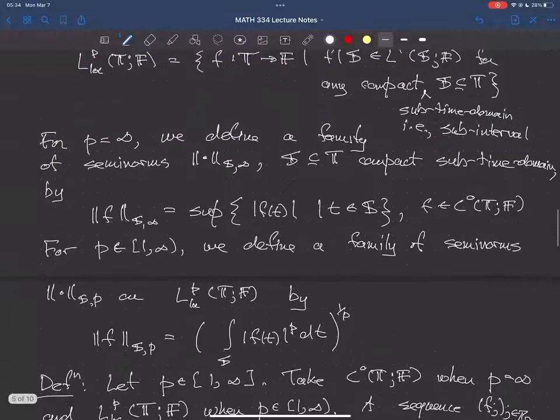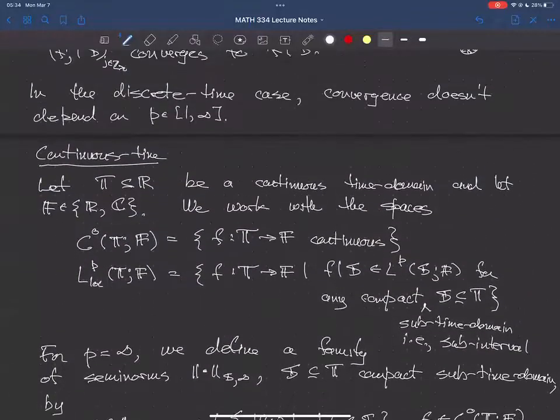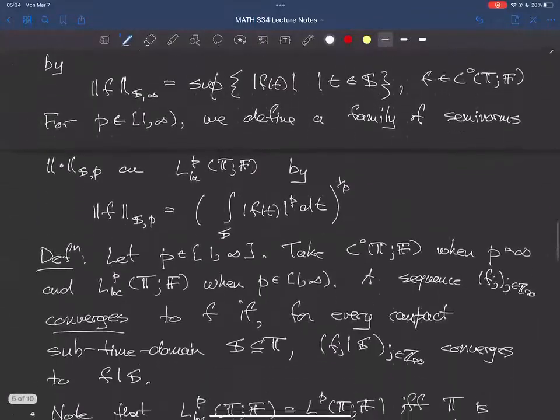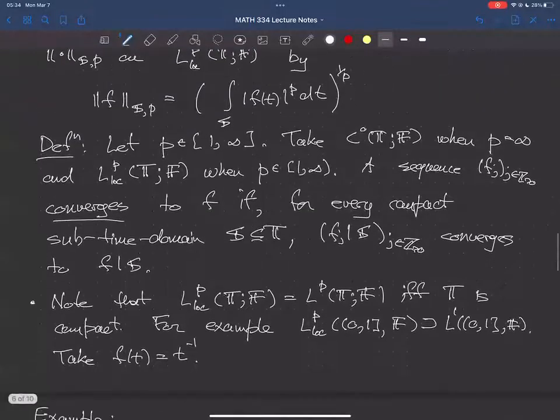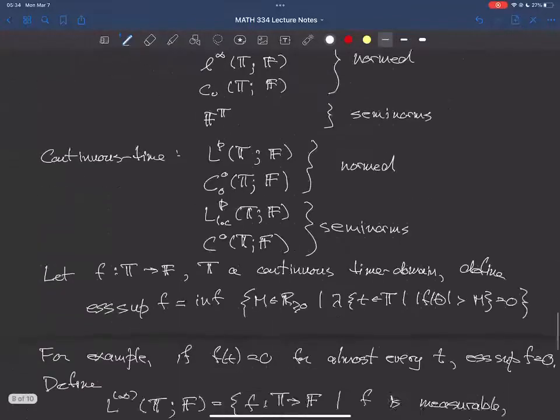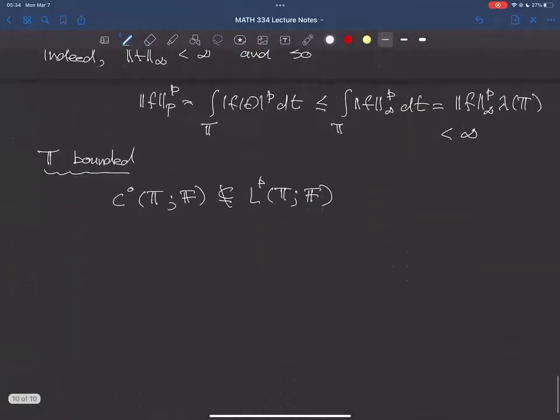That example was up here somewhere. So here, on this bounded time domain, I have this continuous function, and that one is not in any of the LP spaces.